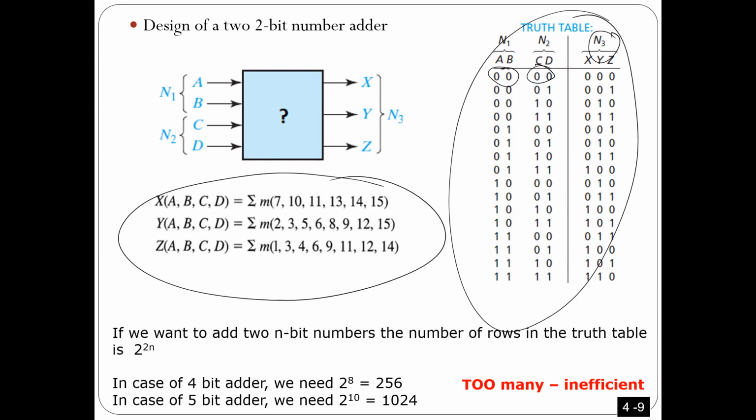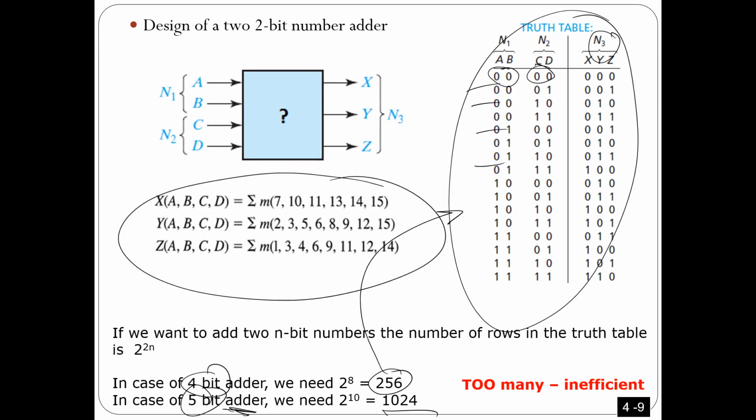But what if I want to make an adder for 4 bits and 4 bits? Look how many different combinations I'm going to have: 256. What if the adder is 5 bits? The truth table is going to be too big, right? That's why it's not efficient to do it this way.